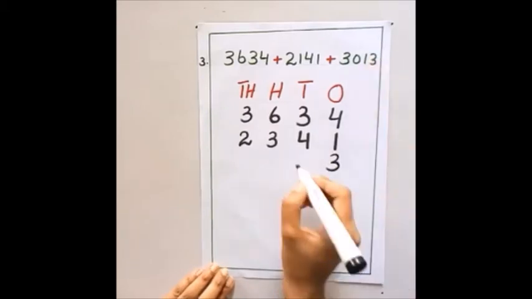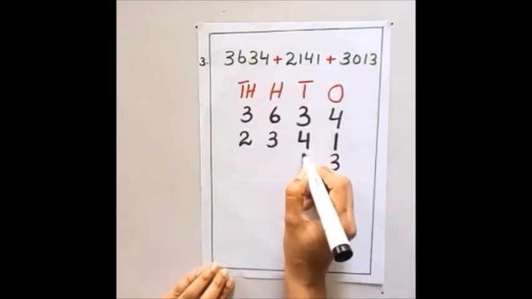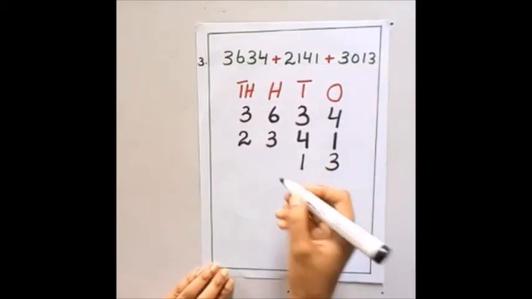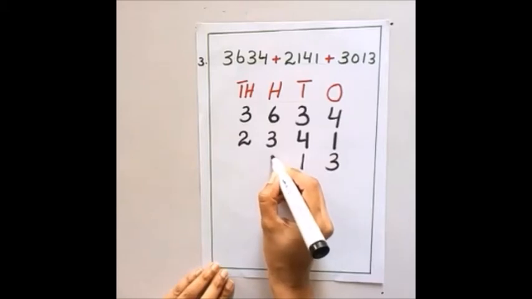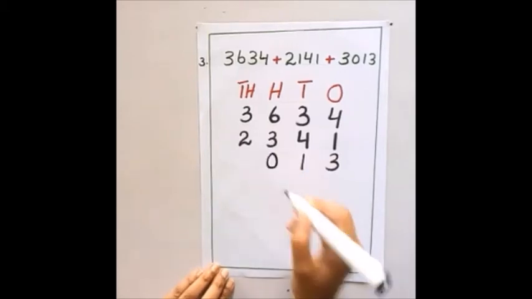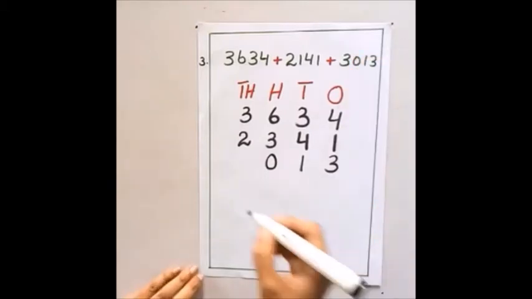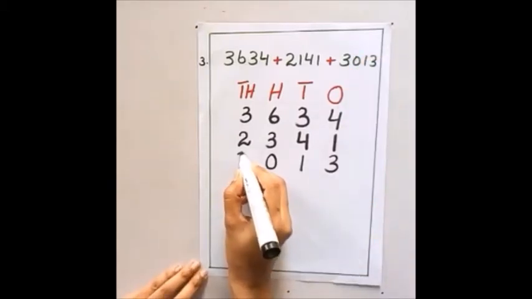Then there is 1, I will write under the tens place. Then there is number 0, and 0 is in the 100 place, so I will write 0 under the 100 place. Then there is a number 3 which I will write in the 1000 place.